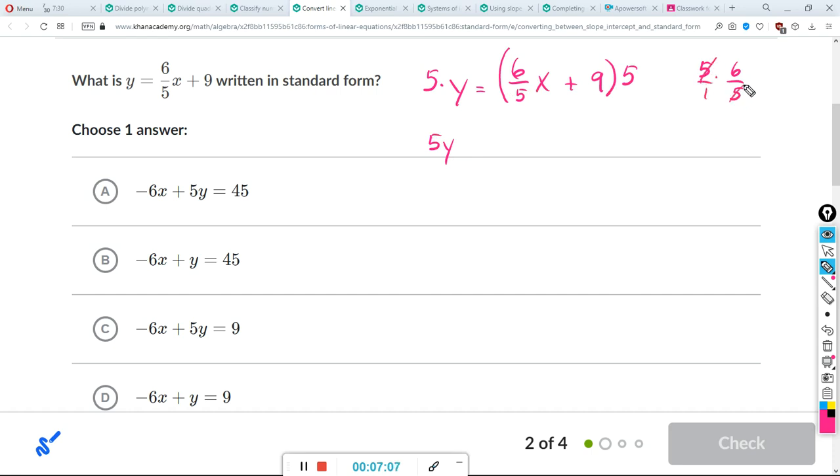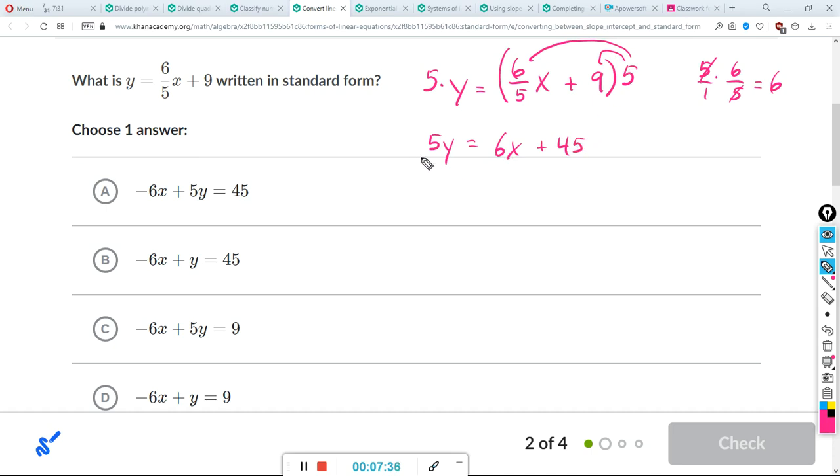The 5's cancel. That's what I wanted, and that's just 6. So 5 times 6/5 x is just going to be 6x, because the 5 is in the numerator and denominator, so it cancels. And then distribute 5 times 9, it's plus 45.